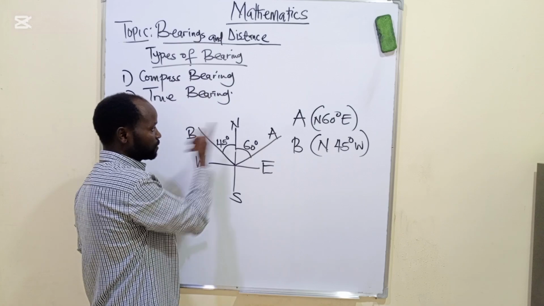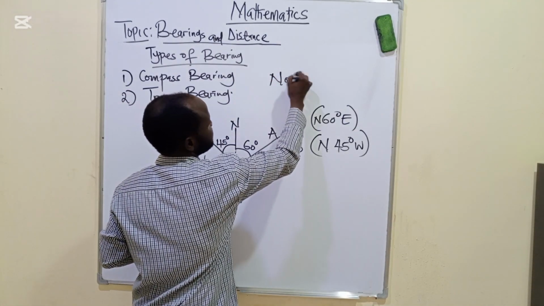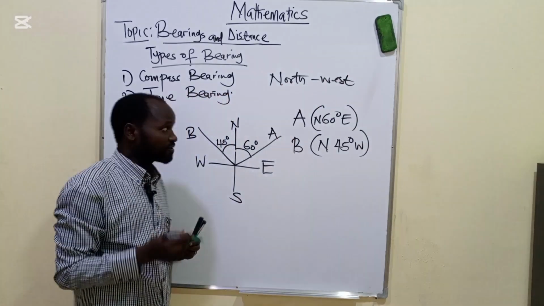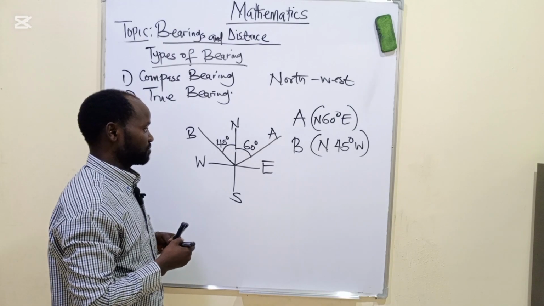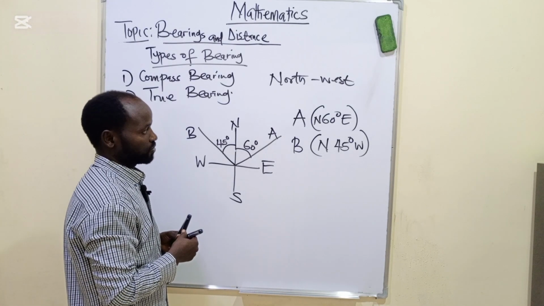When you hear the word northwest, it means the angle is 45 degrees. It's in between north and west. Very important as far as representation of this compass bearing is concerned.